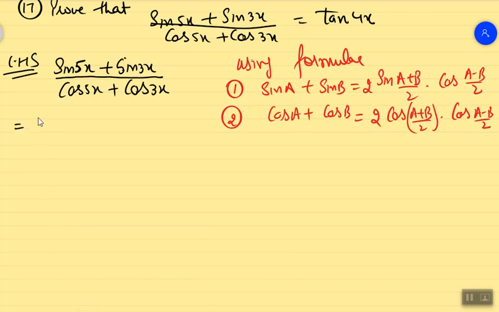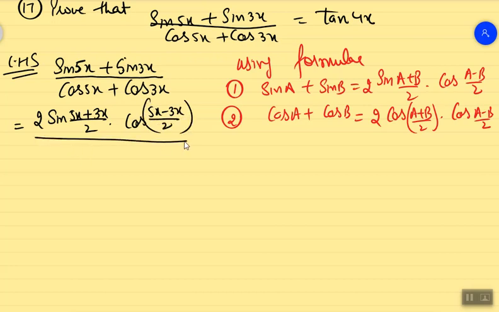Now, the left hand side is 2 sin (5x plus 3x)/2 cos (5x minus 3x)/2. We know the formula: the first one divided by the second formula, 2 cos (A plus B)/2 cos (A minus B)/2. What is A? 5x. What is B? 3x.